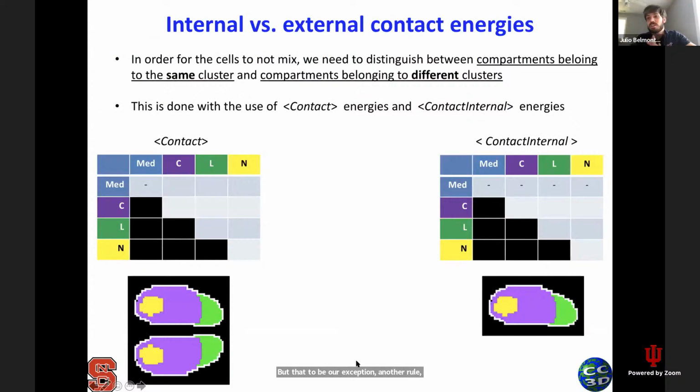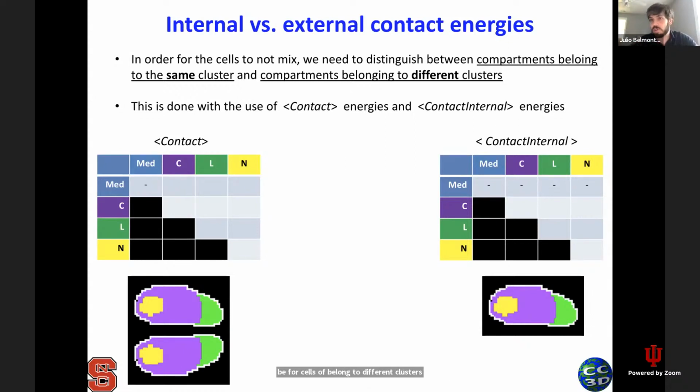So when you are using multiple cells or multiple clusters with different compartments, you need to distinguish between the compartments that belong to the same cluster and the compartments that belong to different clusters. The way you do this is by splitting the contact energy plugin into two. One will be the regular contact energy, which is for cells that belong to different clusters.